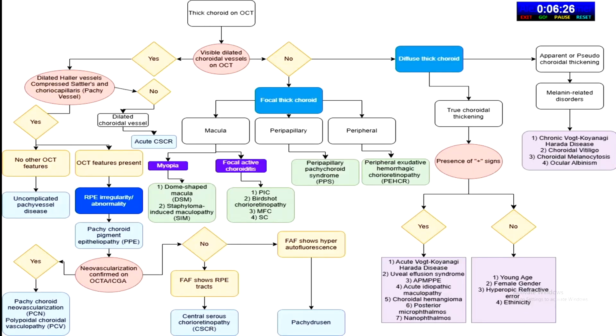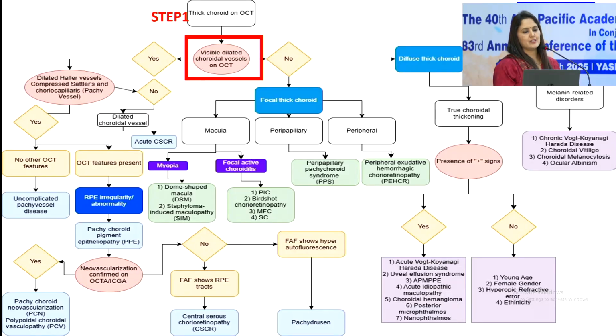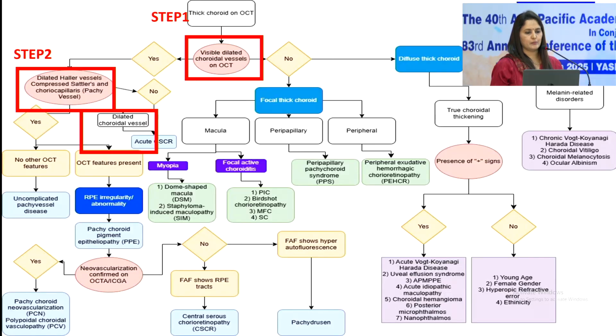The thick choroid on OCT is something we all come across. If there is a thick choroid as well as thick vessels, you have to identify this in the beginning. The next part will be to identify where the thick vessels are, whether they are deep dwelling inside the choroid or abutting the RPE.